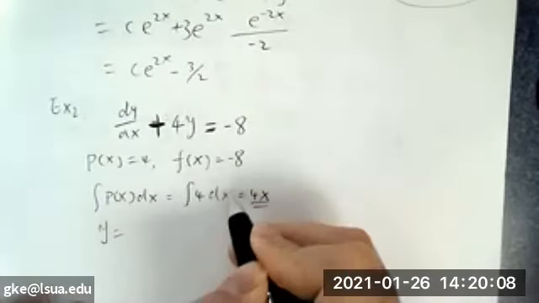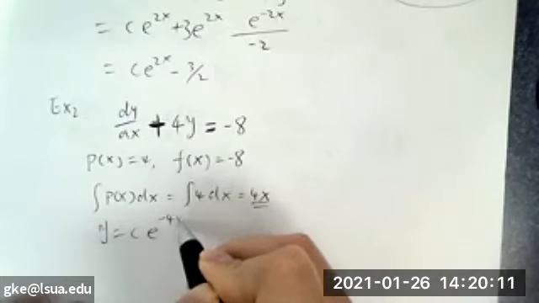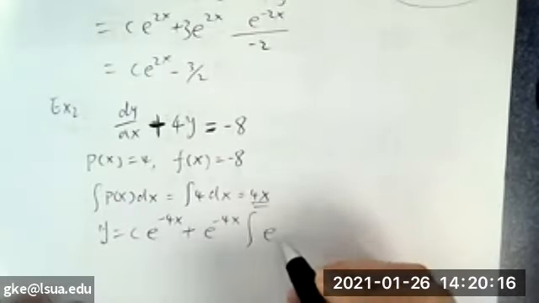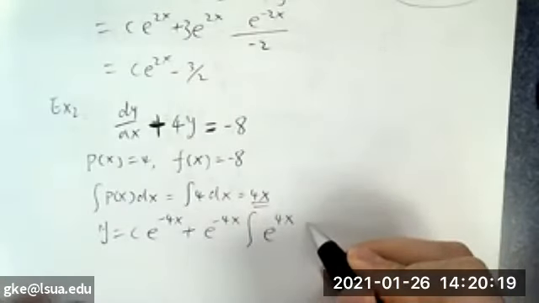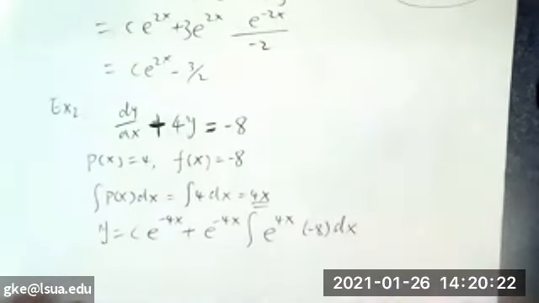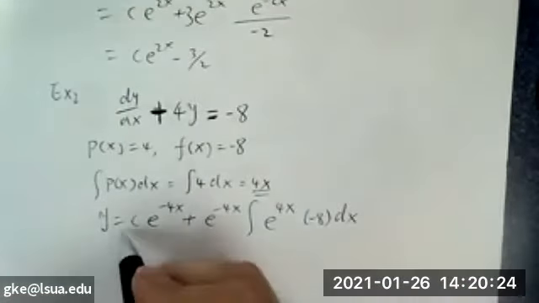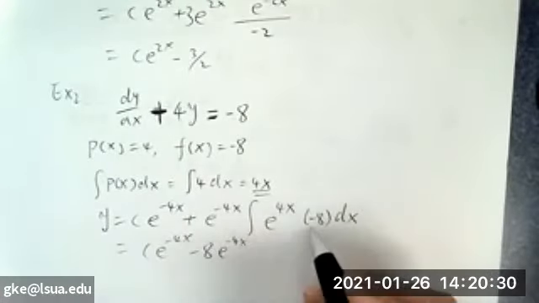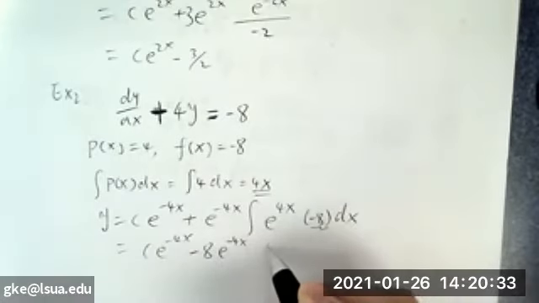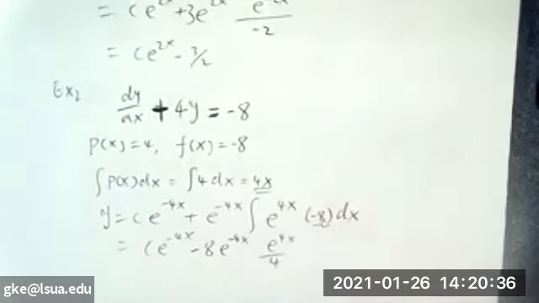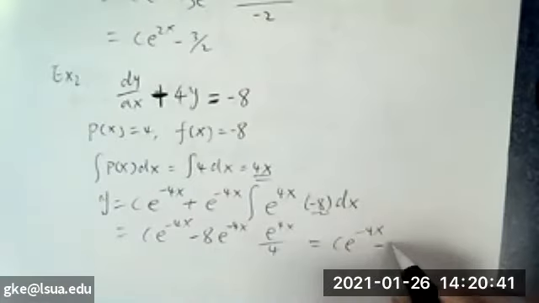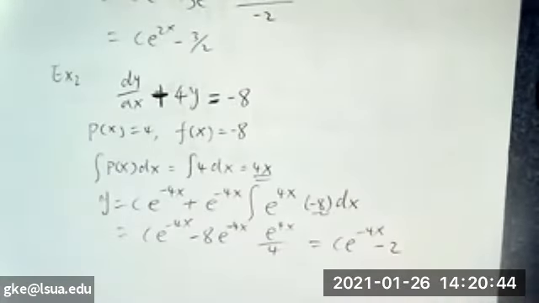We then plug in f(x) is -8. And then we move this constant outside. And this guy will be this one. 2. Okay, that's it.